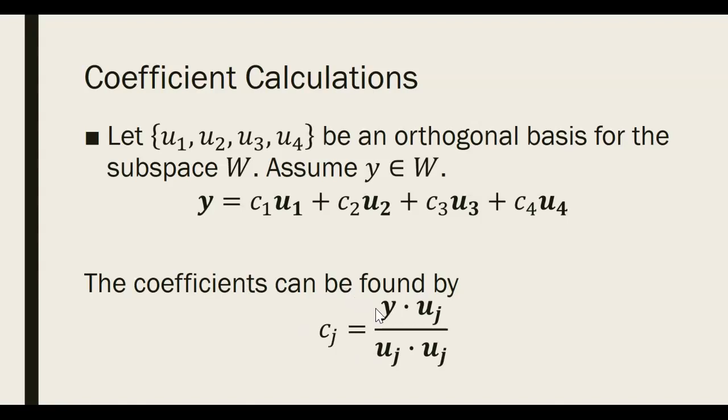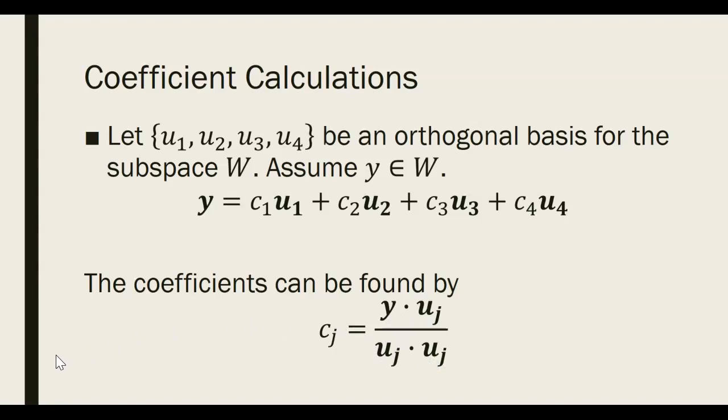It's the inner product of y and uj, whatever one we're talking about, divided by uj inner product with uj. Now remember, inner product gives you a real number, so we take a real number here, real number there.